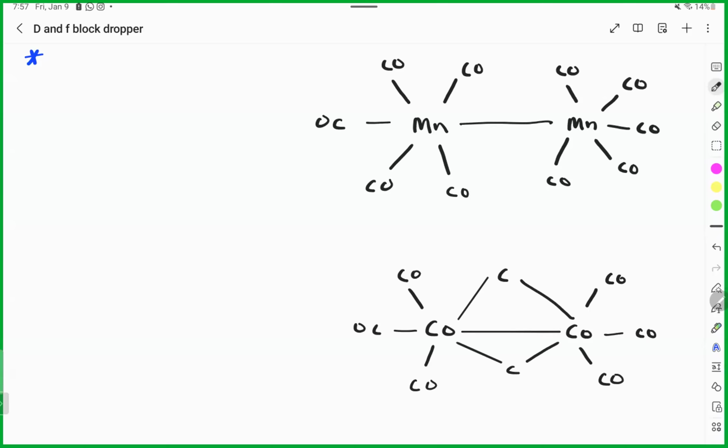Correct. So cobalt here has 6 bonds. So here you have a bridge. Understood? I think even in NEET we had a question related to the bridge in coordination compounds. In the case of manganese, there is no bridge, but in cobalt there is a bridge. Got it?